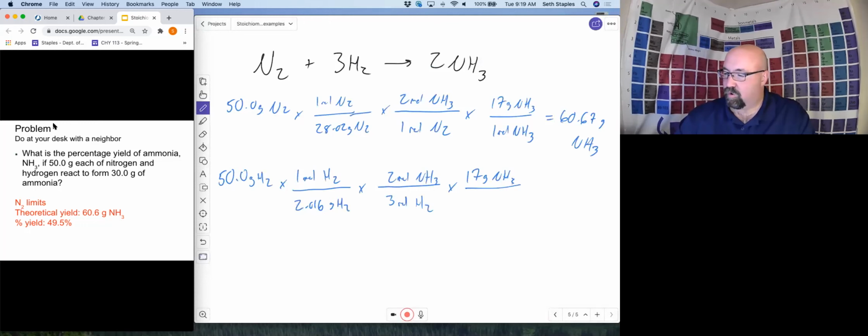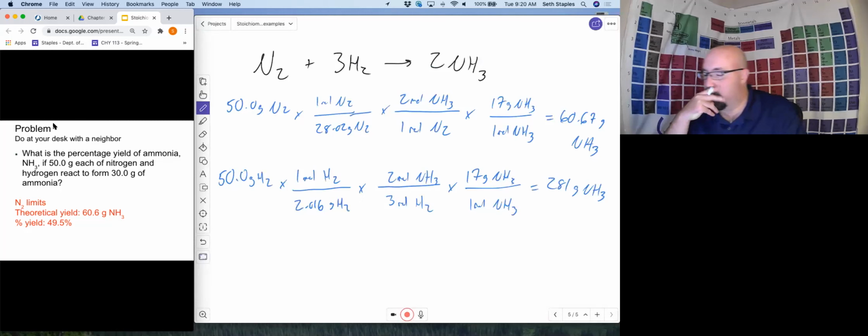Finally, convert over to grams of NH3. And so we do this calculation out. Times 2 divided by 3 times 17. And we get 281 grams of NH3.